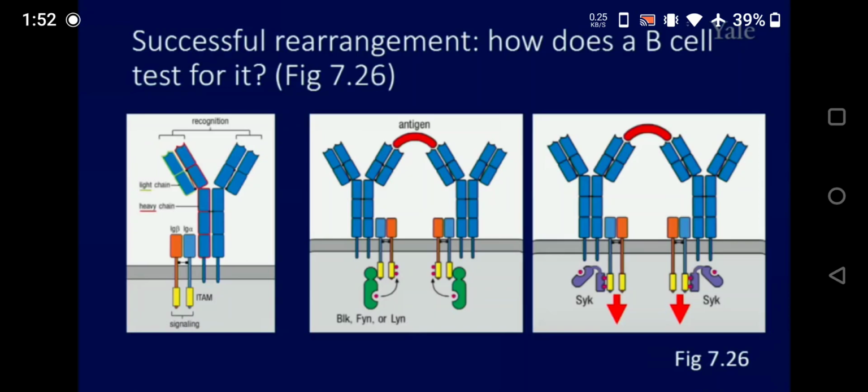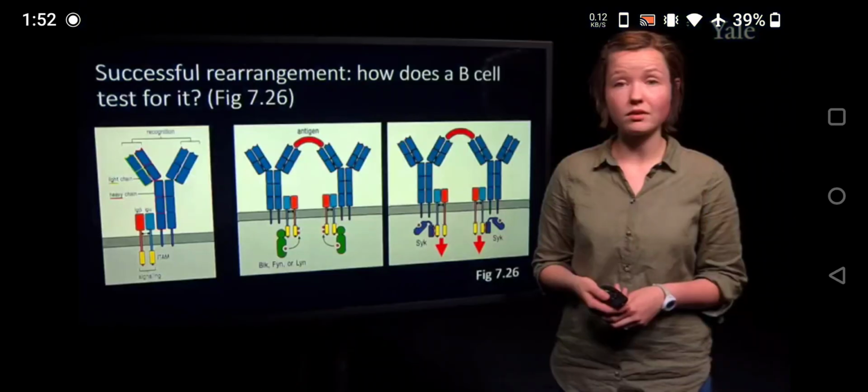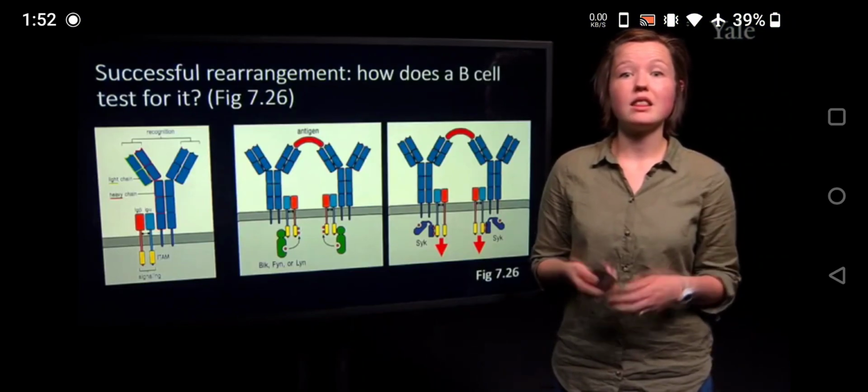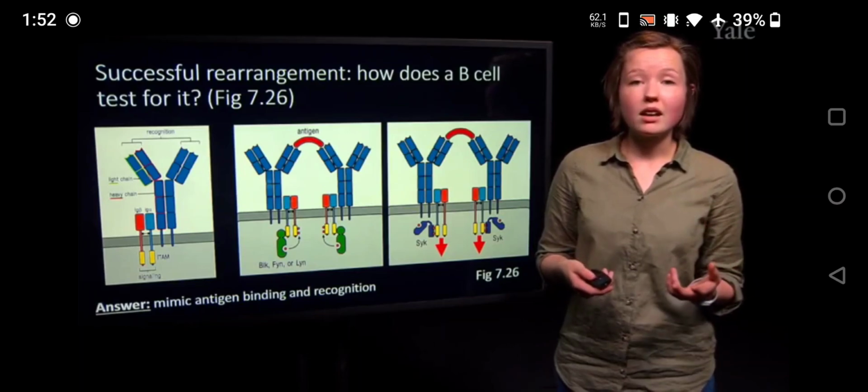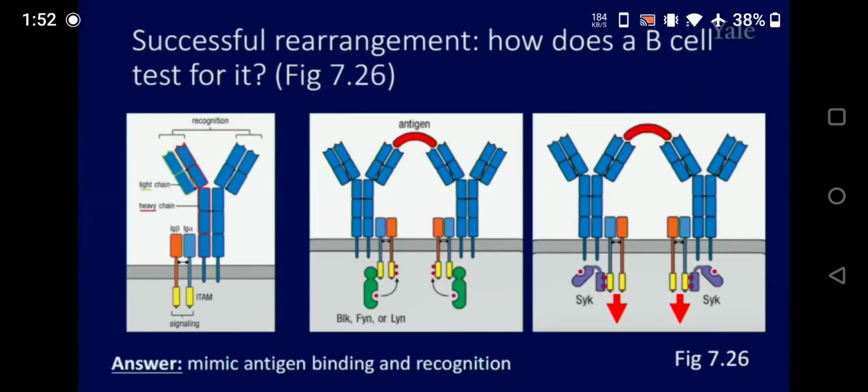And these will be covered more in depth in the B cell activation lecture. But in this particular instance, we can mimic this interaction of an antigen with its particular receptor as a way to signal to the B cell that we have a B cell receptor expressed on the surface of the B cell successfully.